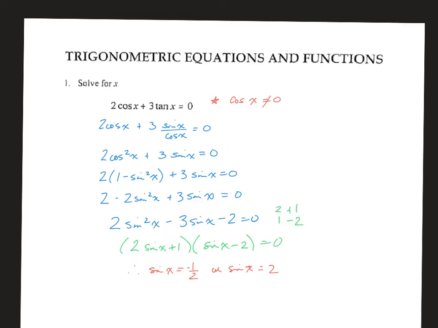Very quickly, we're probably able to label sine x equaling 2 as no solution, because I will not be able to solve that. Maybe we're even at the point, as we stated earlier, where we don't need to draw the picture, but instead we can see that sine is negative, so we know we're down.